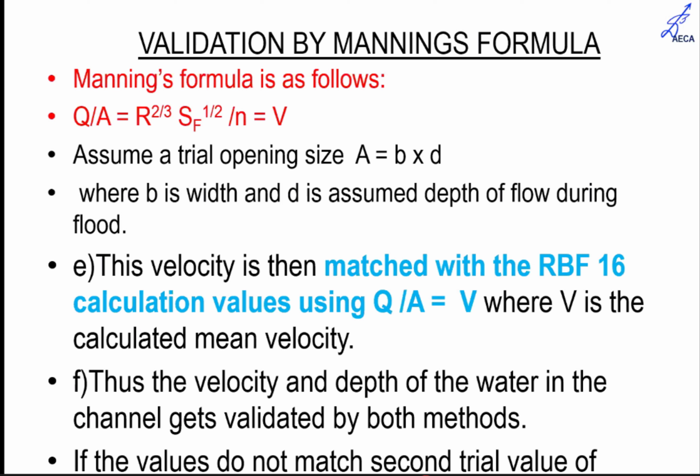So we get the velocity from this based on our assumed depth of water flow and the slope of our channel or our box, and the roughness coefficient which we take here for the concrete bed. So we get a velocity from here.